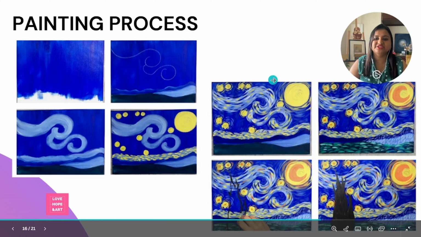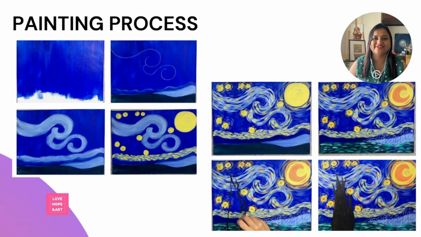Going on to the painting process, I've shared a detailed PDF guide in the resource section along with links to the painting process, which you can access and take your time and learn the process. For a quick review, I have explained it in these pictures. So first you can give a darker blue background and divide the landscape. Then moving on, we can add in the swirling elements, followed by the highlights with the yellows of the stars and the moon.